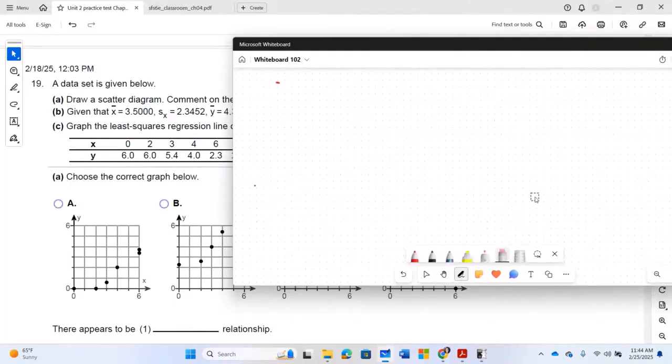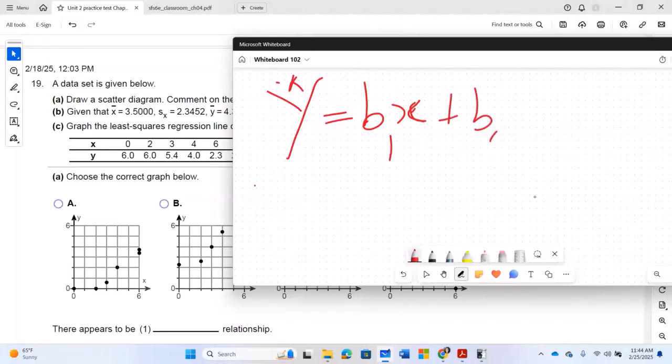So the equation of the least square regression line, which is called the observed y hat, is equal to b1, that is the slope, b1, plus b0. All right, so at this point we want to find what is b1. What is b1?